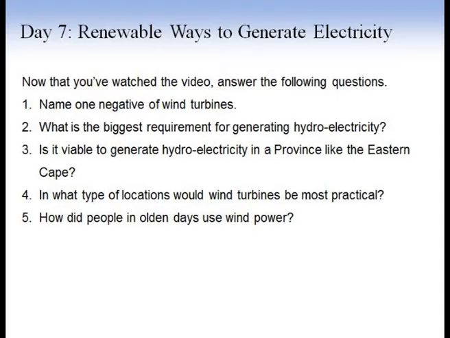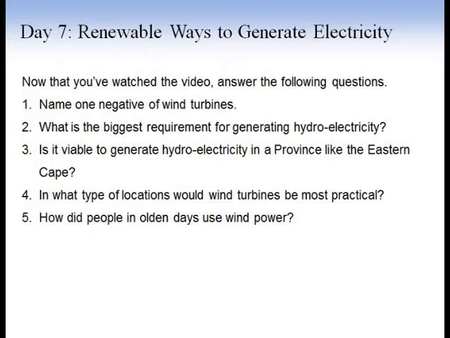Day 7. Renewable ways to generate electricity. Now that you've watched the video, answer the following questions. 1. Name one negative of wind turbines. 2. What is the biggest requirement for generating hydroelectricity? 3.